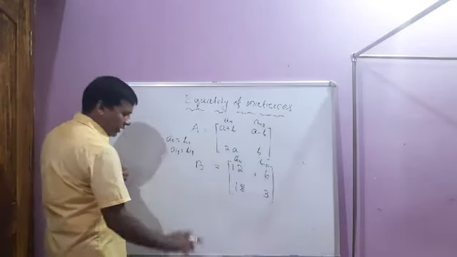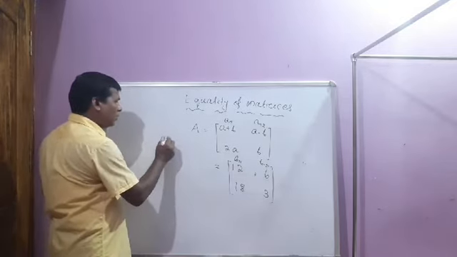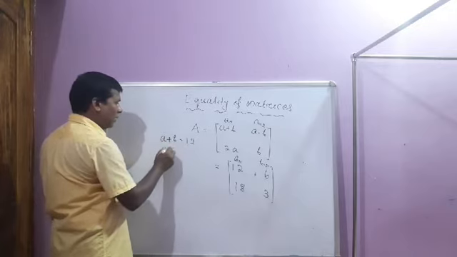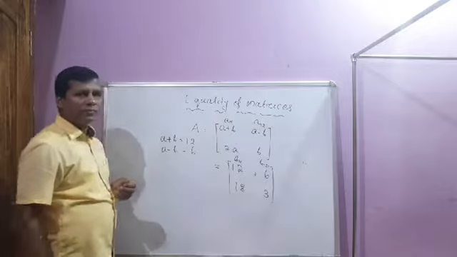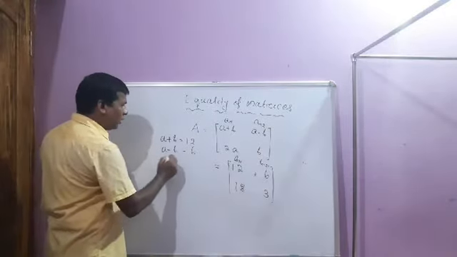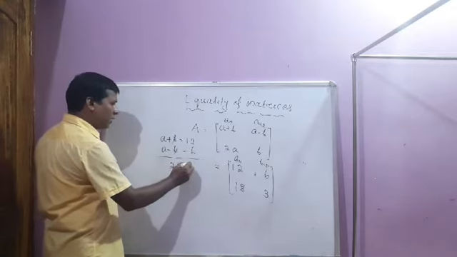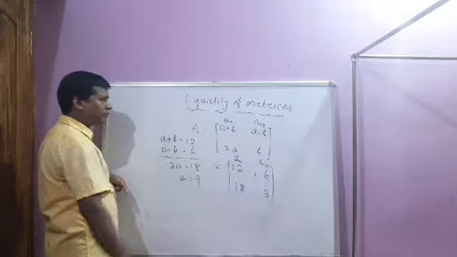So A plus B is equal to 12. A minus B is equal to 6. Solving the two equations, we get B cancelling each other, so 2A is equal to 18. A is equal to 9.